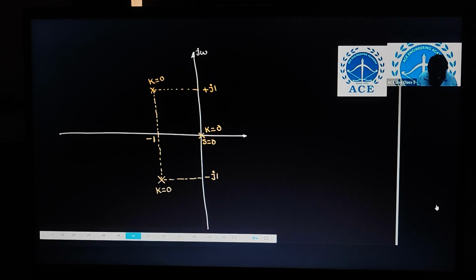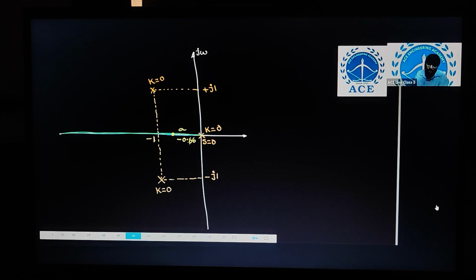Here root locus branches exist. Represent the break point. Next, what you have to represent? Centroid. What is the centroid? You got it? Centroid is minus 0.66. Consider it here.